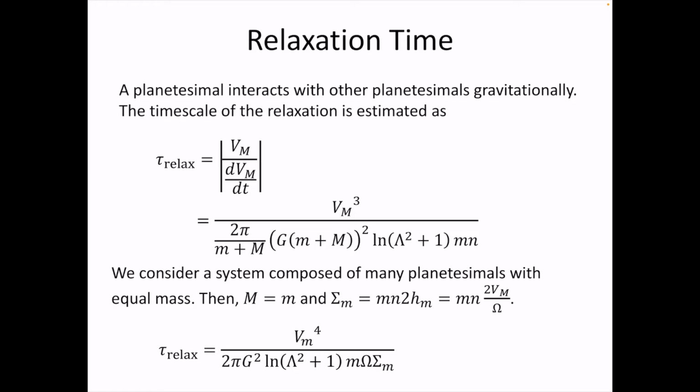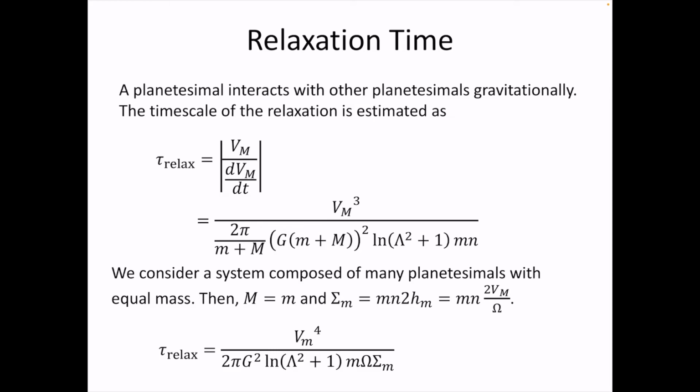You have this expression. We consider a system composed of many planetesimals with equal mass. Then, instead of capital M, all the particles have the same mass of lowercase m. And sigma sub m is expressed as m times n times the scale height, 2 h sub m. h sub m can be calculated as v sub m over omega.